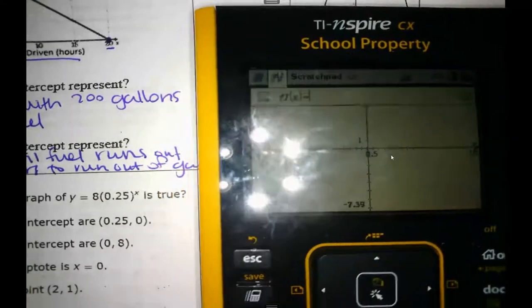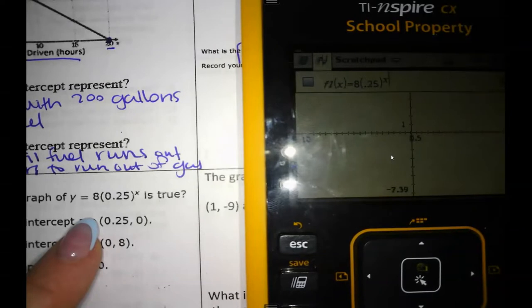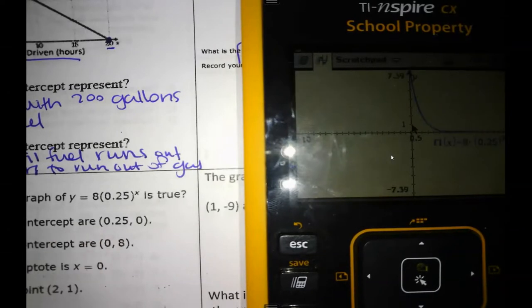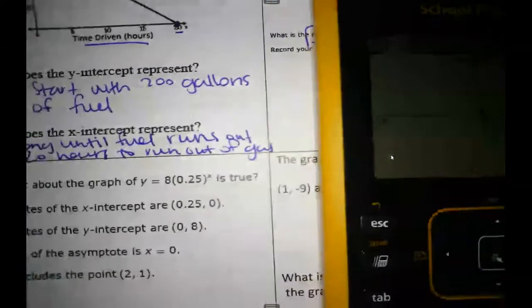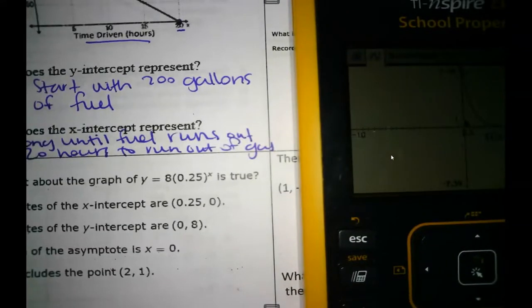Menu 3, 1, 8, open parentheses, 0.25, arrow up, x. All right, so what is true? The coordinates of the x-intercept are (0.25, 0).